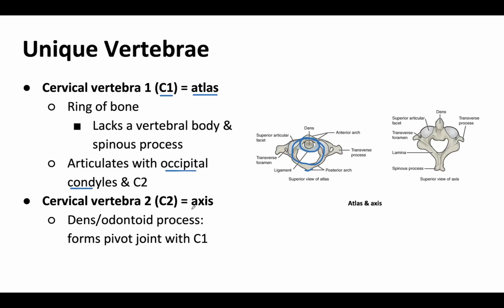It is often called the axis because it has a projection, which is the axis of rotation for the atlantoaxial joint. The specific portion is called the dens or the odontoid process. And the dens will project from the vertebral body of C2 and articulate with C1 to form that pivot joint.